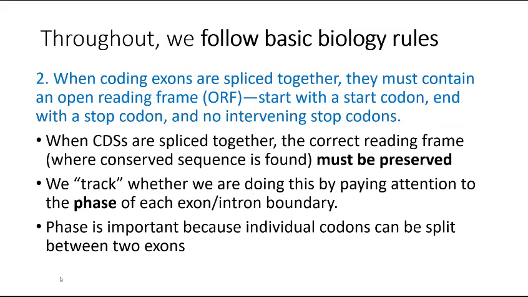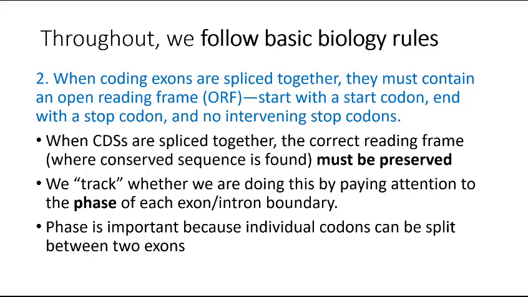The second major biology rule I'd like to highlight that we are going to have to pay careful attention to is the open reading frame. So for eukaryotic genes, we have these individual coding exons or CDSs, and there is one particular reading frame that is the correct reading frame. I just want to highlight that different coding exons might in fact use different reading frames, but we know which reading frame for each individual CDS is the correct reading frame based on two pieces of evidence. First of all, there's an absence of stop codons in the correct reading frame.